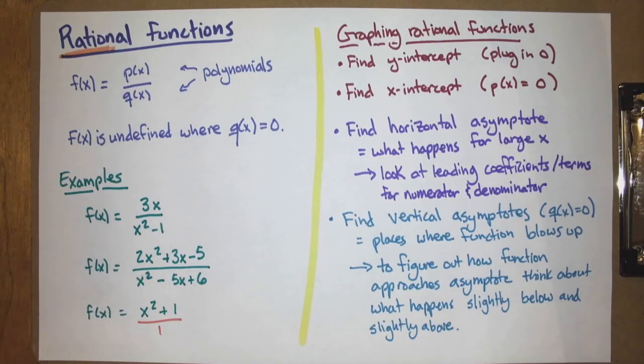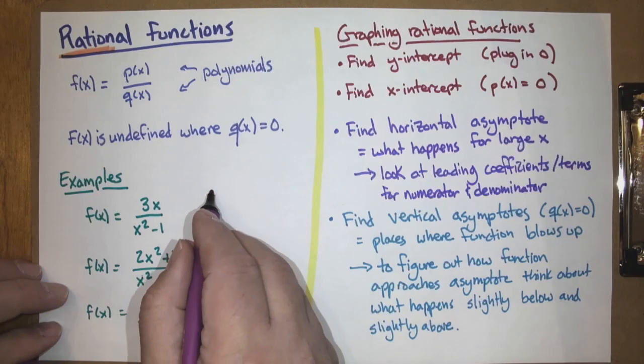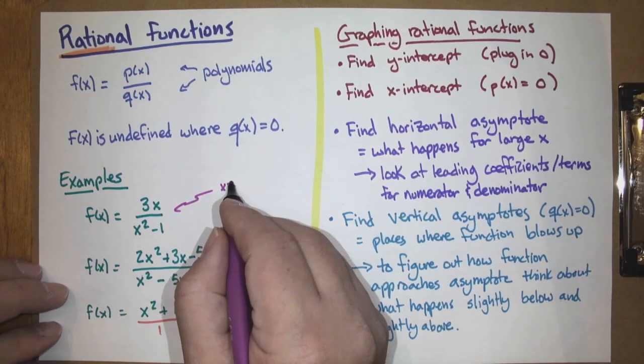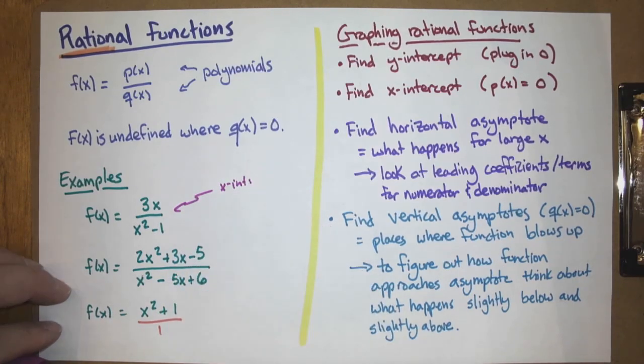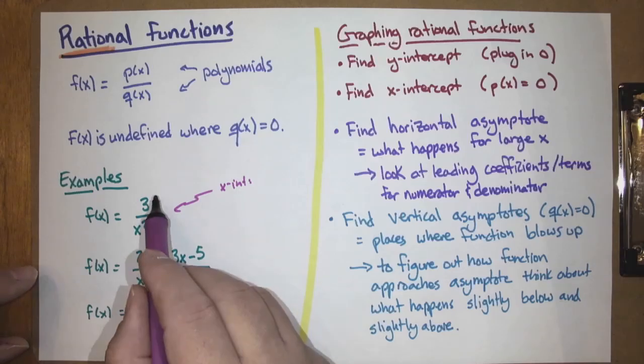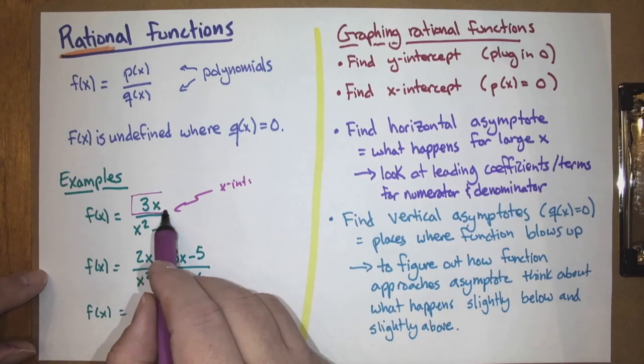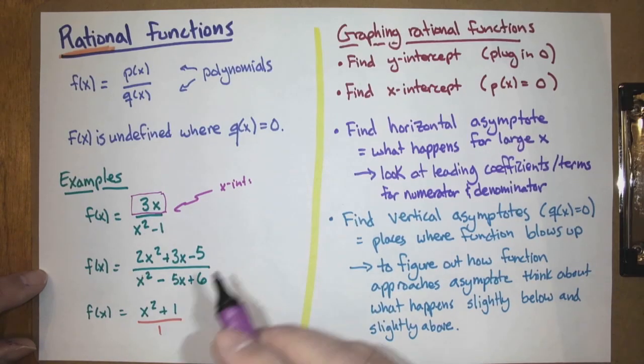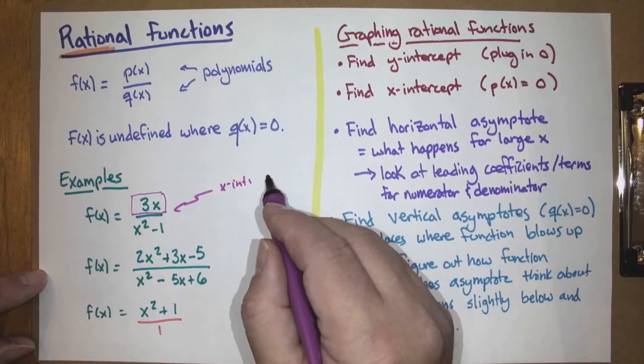So let's see. Can we find some intercepts here? What's the x-intercept for this function, if there is any? Does this hit the x-axis? Where do we hit the x-axis at? So set the top equal to 0. When does 3x equal 0? At 0.